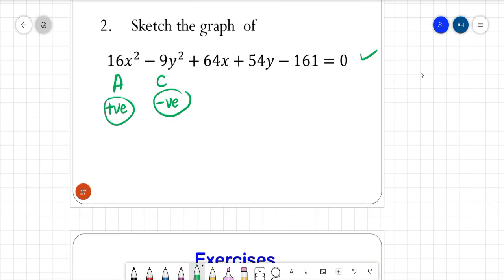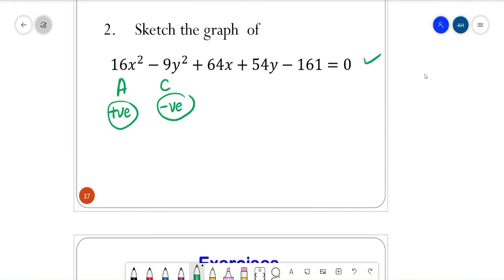Let's write the equation down again: 16x squared plus 64x minus 9y squared plus 54y equals 161 on the right hand side, positive.